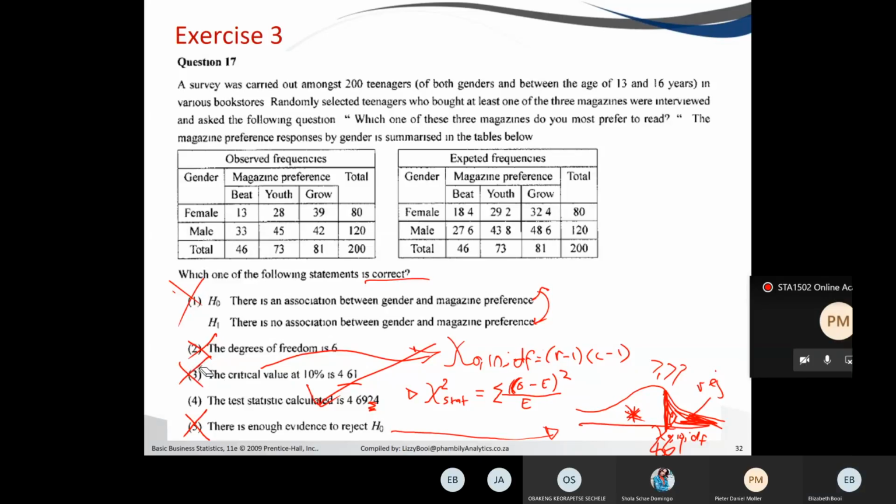Then you will have two questions, three answers that are correct, because if that is 4.69, it will fall somewhere in the rejection area. Even if this is 4.61 and we only look at the two-digit numbers, then this becomes 4.69. It falls in the rejection area, and therefore there is enough evidence to reject because we will be rejecting. Therefore, this will be correct as well, and that will be correct, and that will be correct. The only incorrect things will just be 1 and 2.